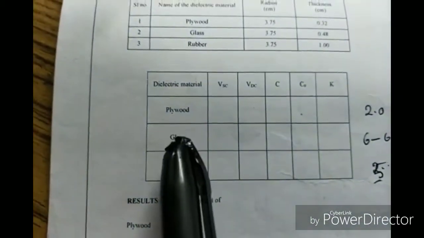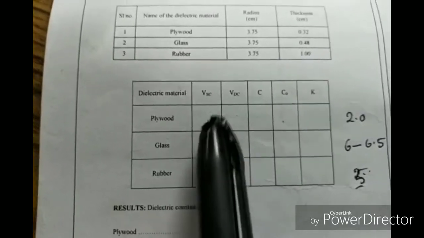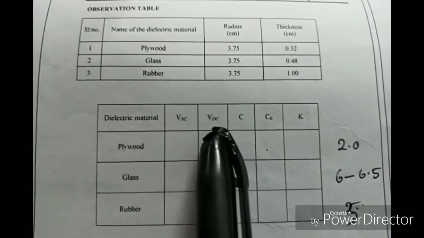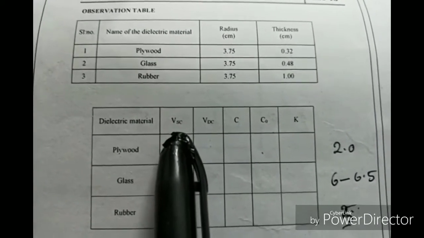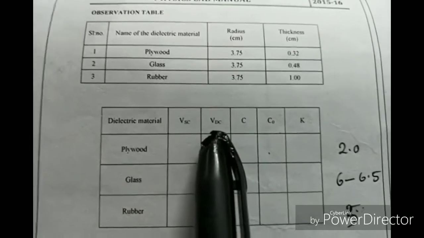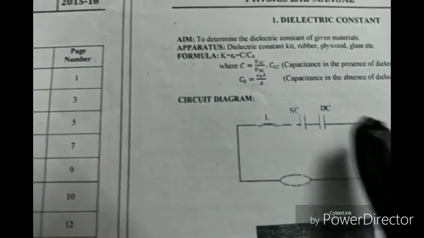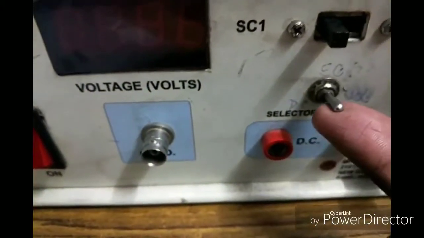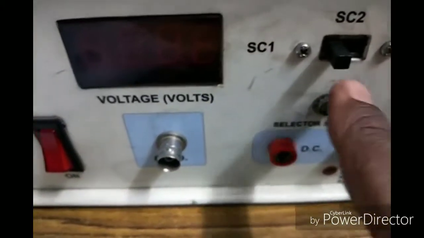Okay. Now the table contains the dielectric materials plywood, glass and rubber, and VAC, VDC you have to find out, and by using the VAC, VDC, C you have to find out. Clear? So here we have VSC, VDC. I'll show you how you are going to take out VSC and VDC values.